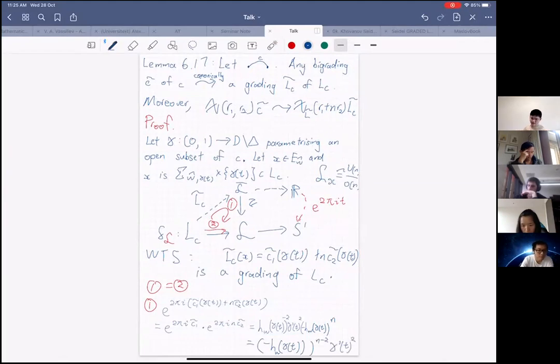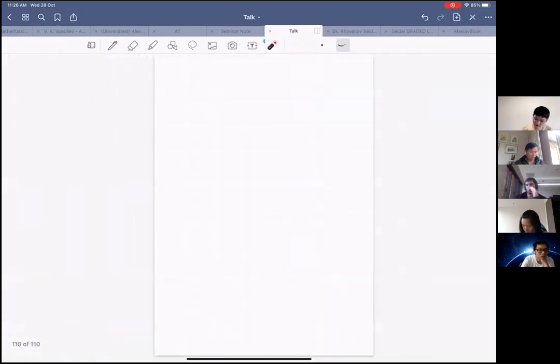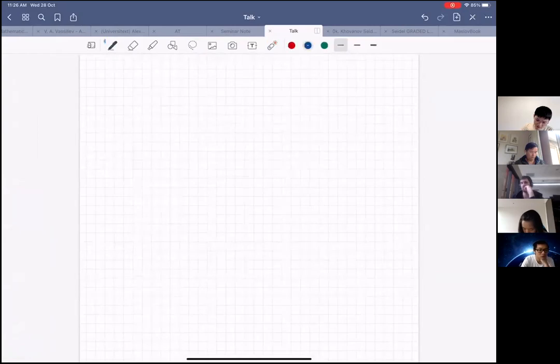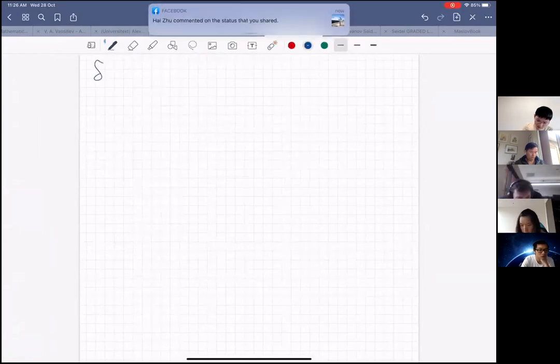Now the next step is to compute the determinant square to be this number here. Let me rewrite the formula again.